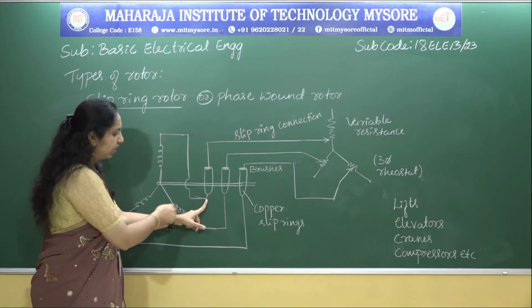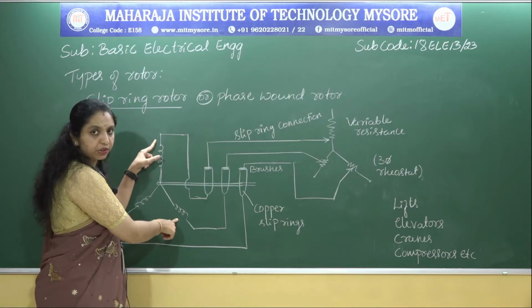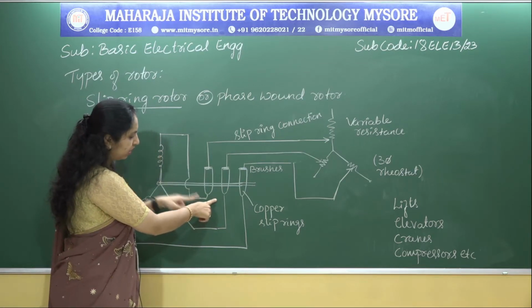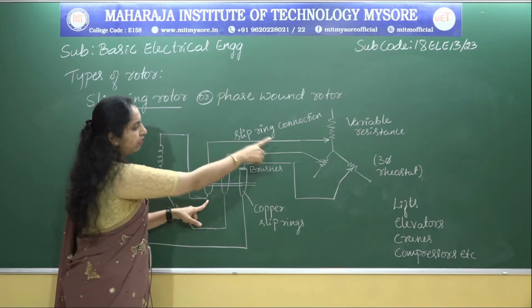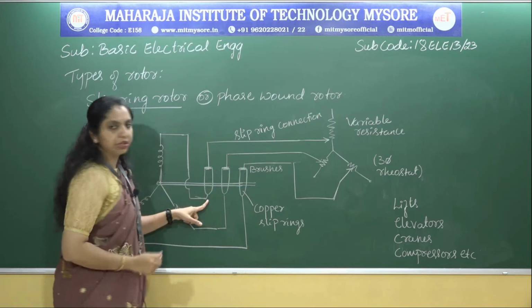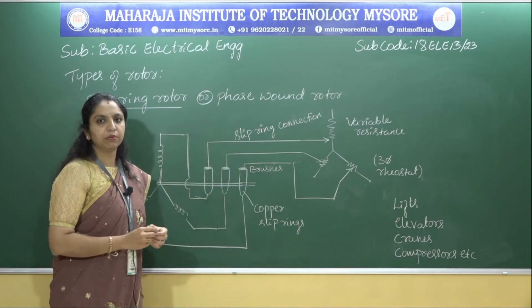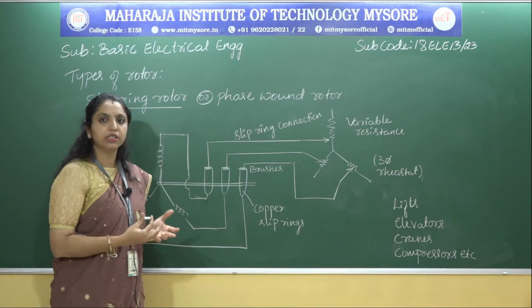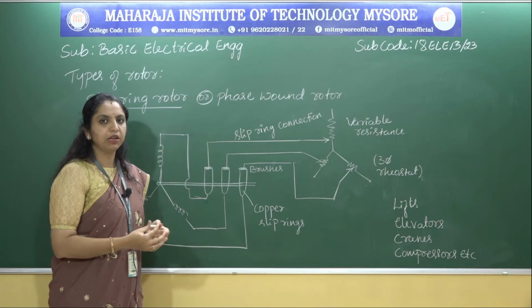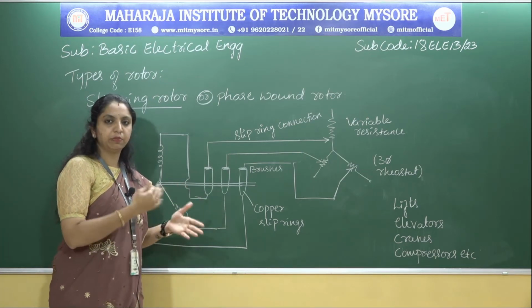Look at this arrangement: we have three copper windings, the other ends of the windings are given to the copper slip rings, and again it is extended and given to the rheostat via the brushes. In this figure we have considered a variable resistance, which we also call a 3-phase rheostat. Rheostat means what? It is again a variable resistance, and remember, you can compare this figure with the previous one.